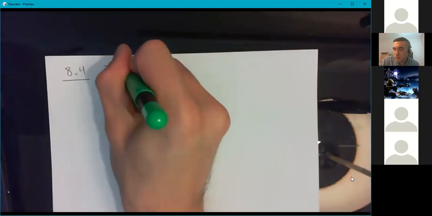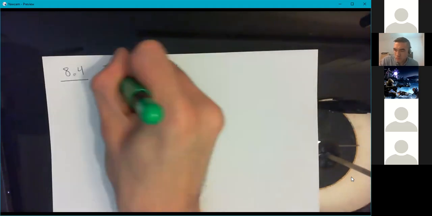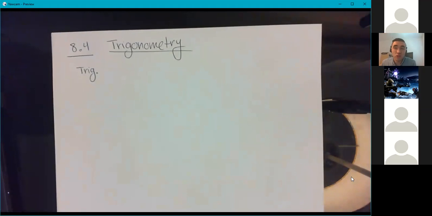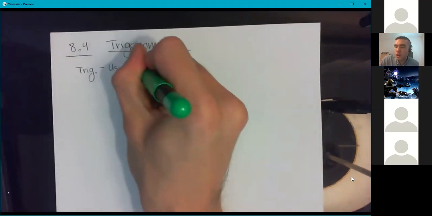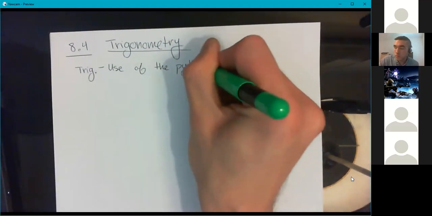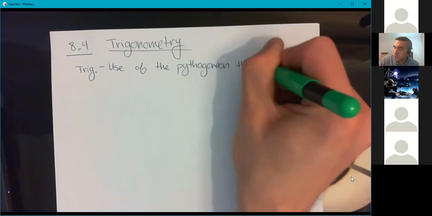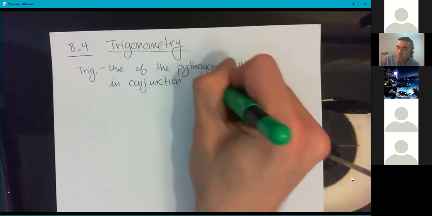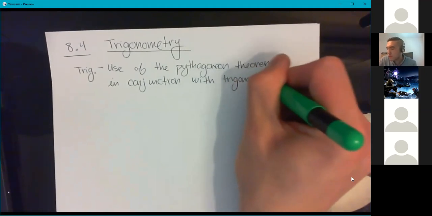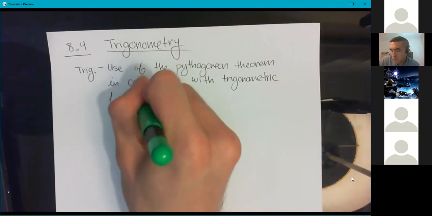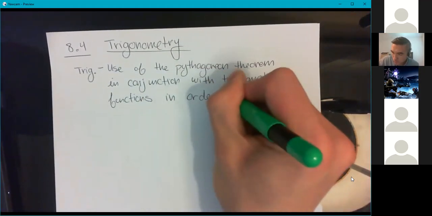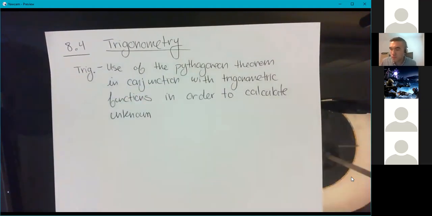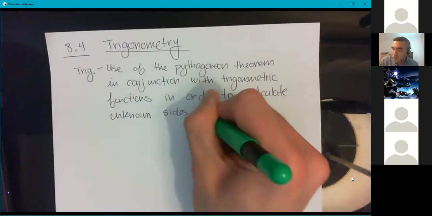Trigonometry. And so, trigonometry, defined, or as you'll often find it just called trig. Trig is the use of the Pythagorean theorem in conjunction with trigonometric functions in order to calculate unknown sides and angles.